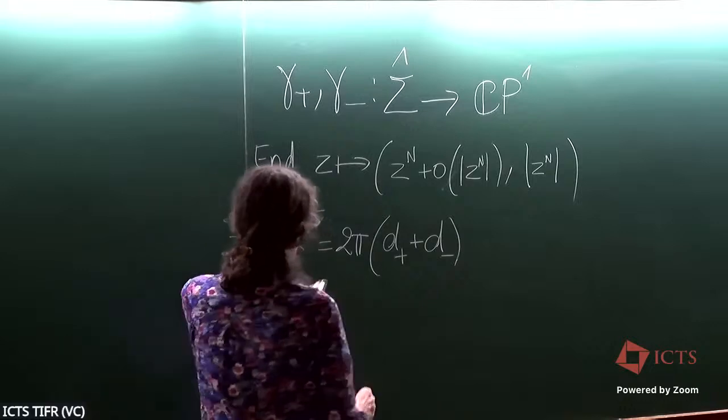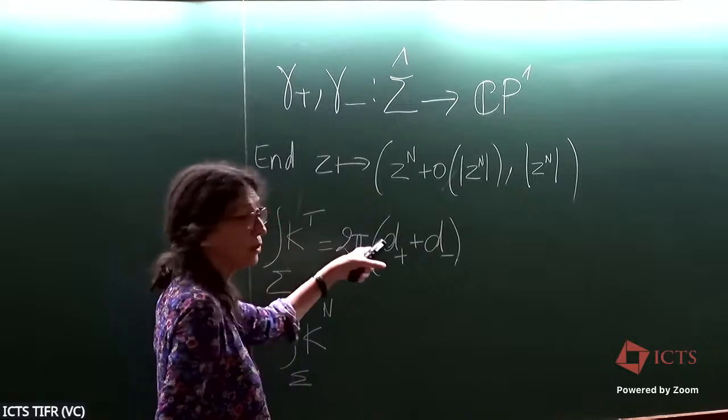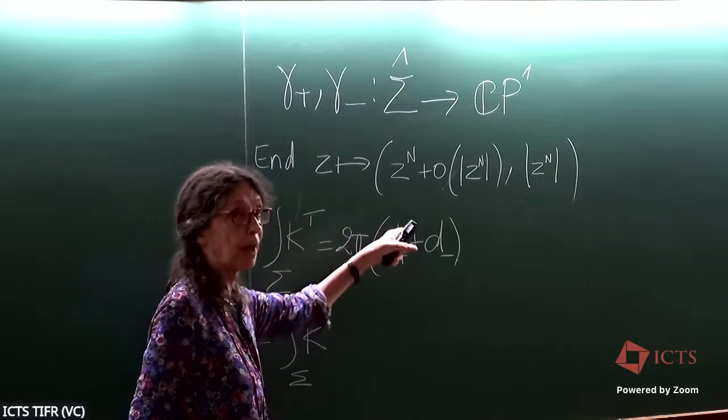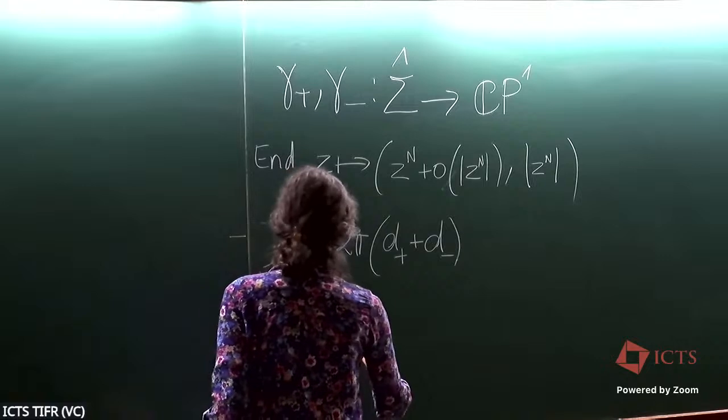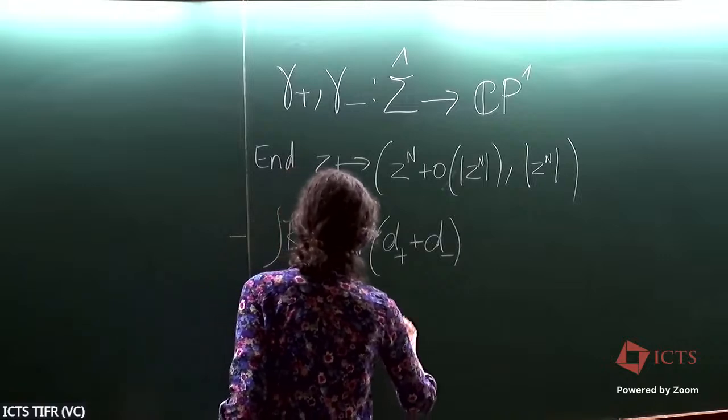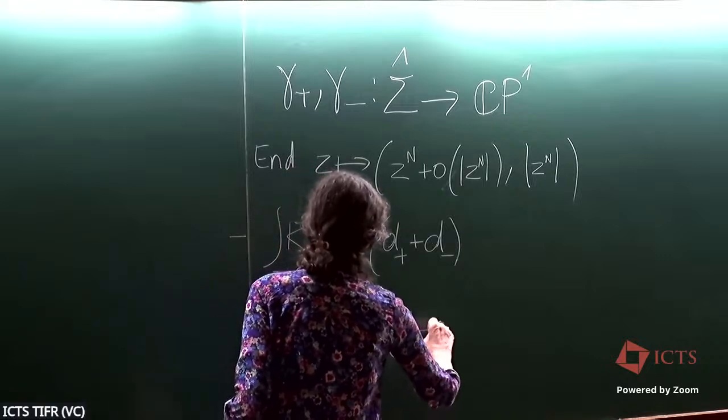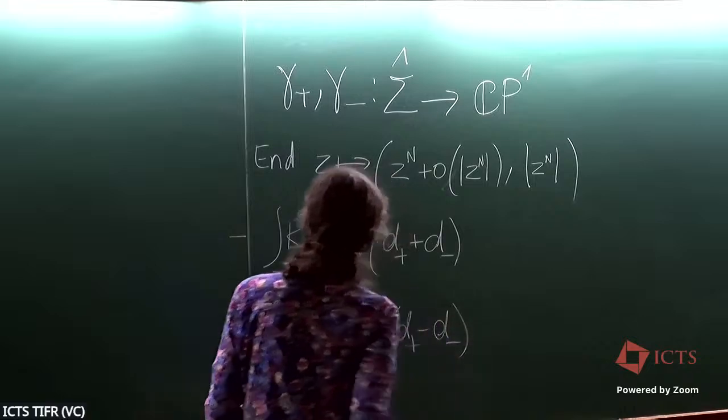And you see, I put a minus because I have the convention that the Gauss maps are holomorphic. And here we have 2 pi (G plus, minus G minus).